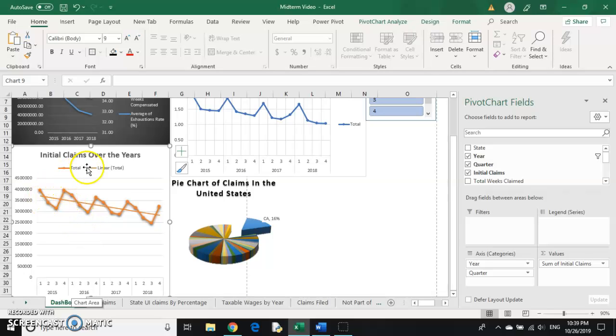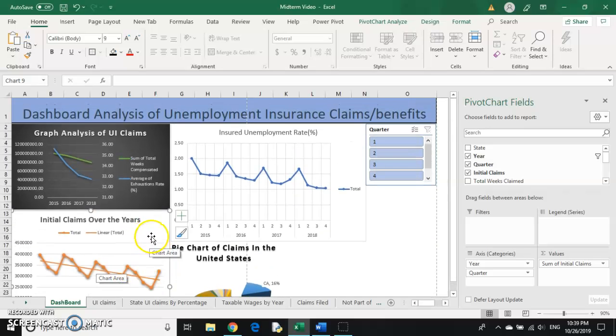In addition, I also added linear trend lines. As you can see, the trend line is dropping as the years pass. It's a good thing for society. This is actually positively corresponding to the weeks compensated and the average exhaustion rate.